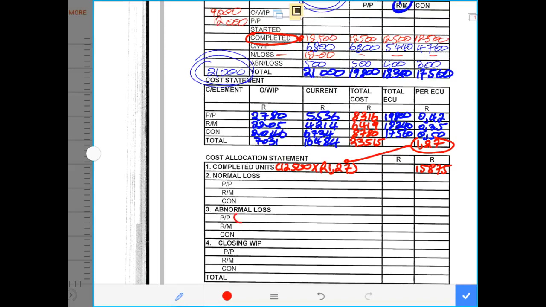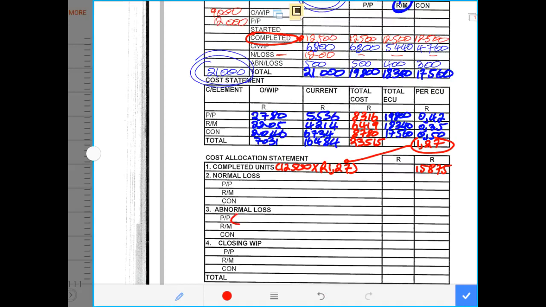That means we first have to take the previous process units and multiply them by the current cost of the previous process per unit. Then we take the raw material units, multiply by the raw material cost per unit, and we take the conversion cost units and multiply that by the conversion cost per unit. So that's what we'll be doing.